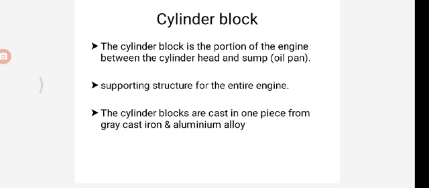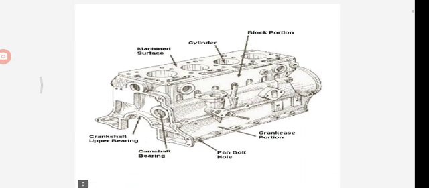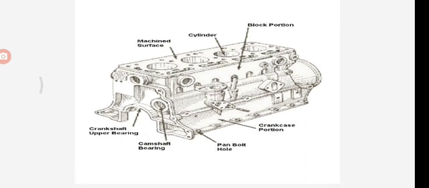In most IC engines, the cylinder block is made only of cast iron, that is, grey cast iron or aluminum alloy. So it behaves like a supporting structure of the whole engine system. The engine block is one of the important structures of an engine. See, this is the engine block.